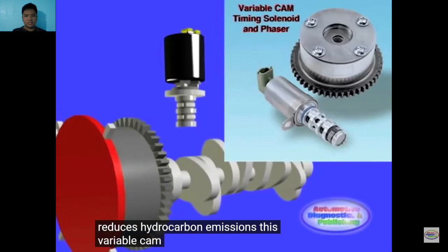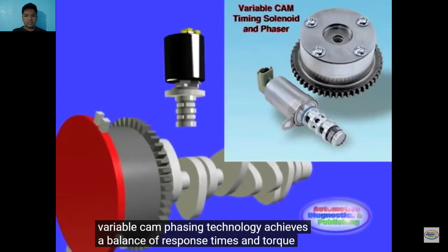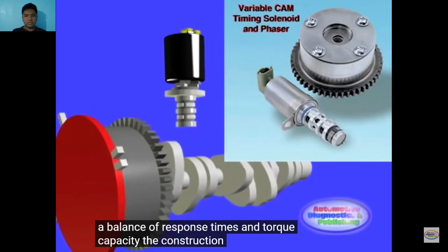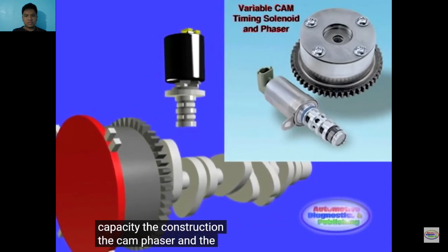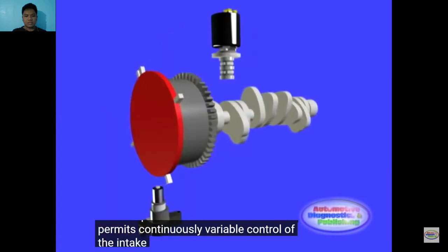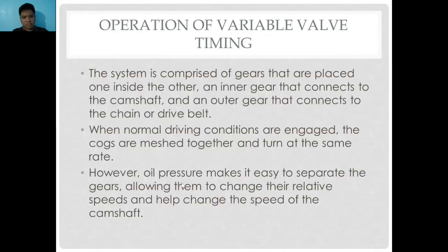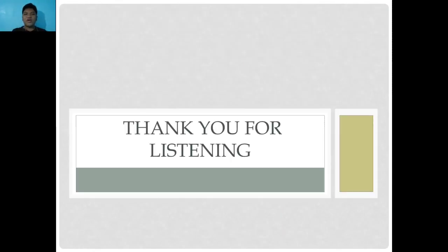This variable cam phasing technology achieves a balance of response times and torque capacity. The construction of the cam phaser and the oil control valve permits continuously variable control of the intake and exhaust cams. Thank you for listening.